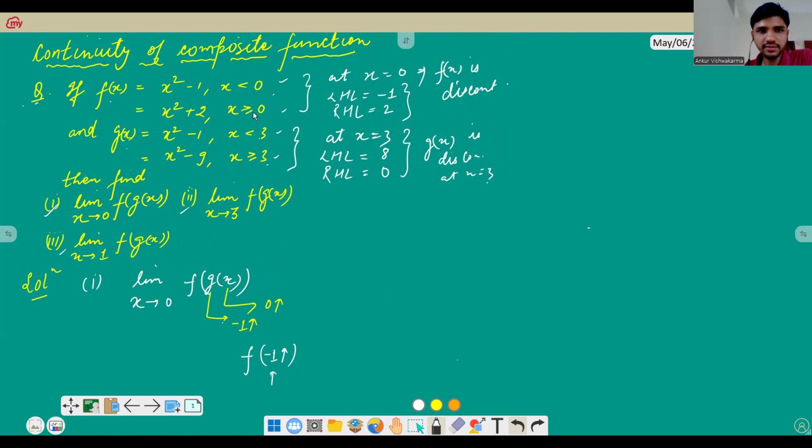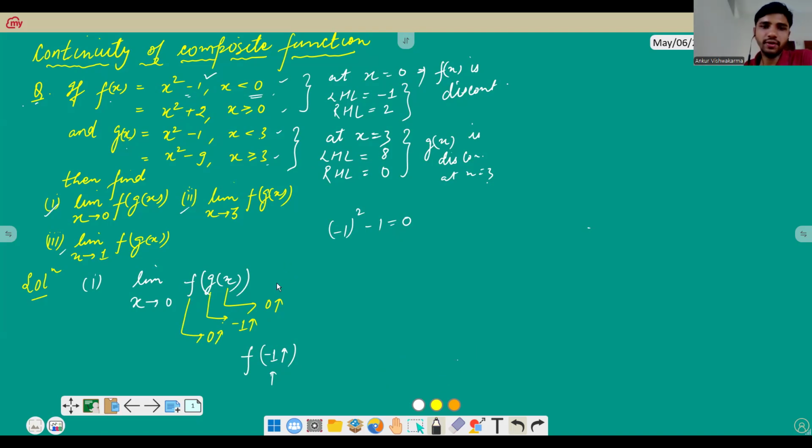When x is approaching minus 1, we need to use the first definition of this f(x). So yes, we will use x square minus 1. So when x is approaching minus 1, f(x) will approach minus 1 square minus 1, which is 0. So f will approach 0.